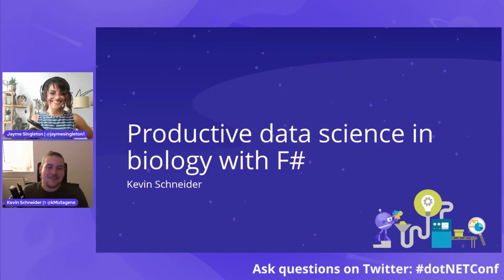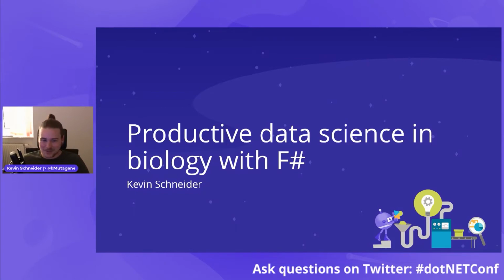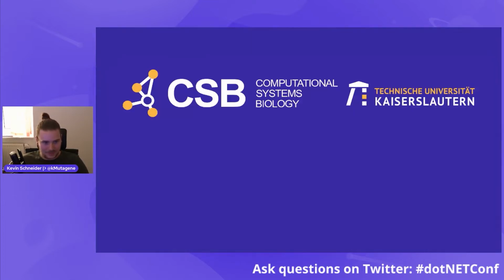All right, thanks for having me. So I'm Kevin from Germany, and as already said, excited to share with you some insights on how we are using F Sharp to be productive in all kinds of research, basically. I am a PhD student at the Computational Systems Biology department in the Technical University of Kaiserslautern.